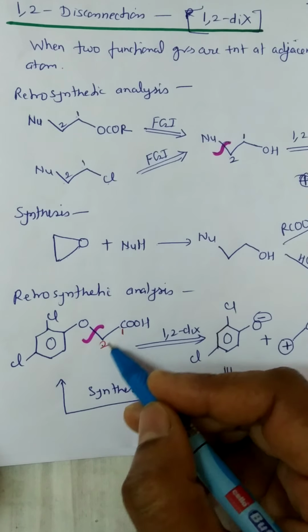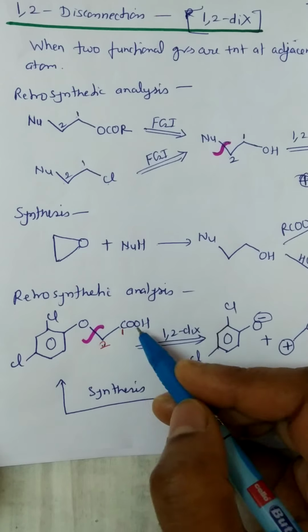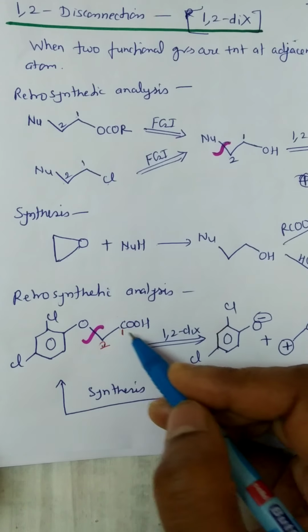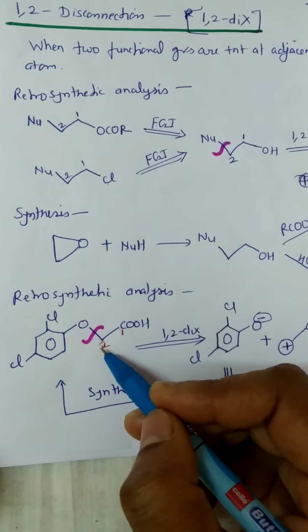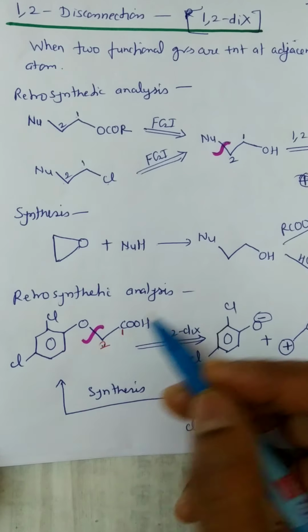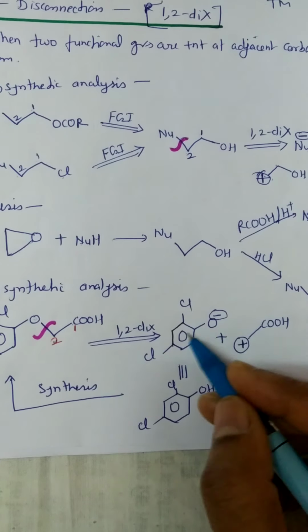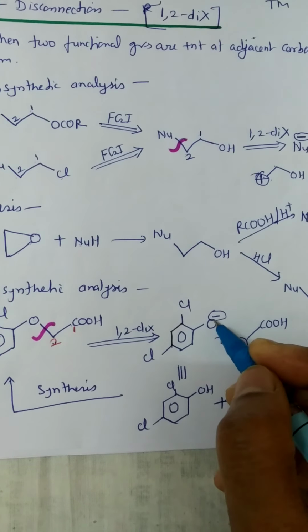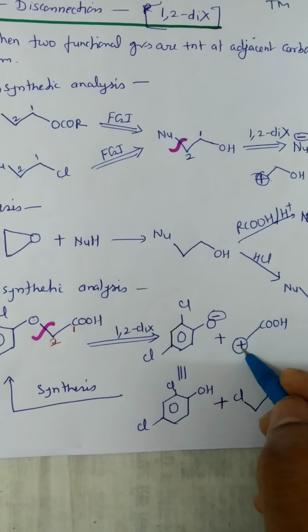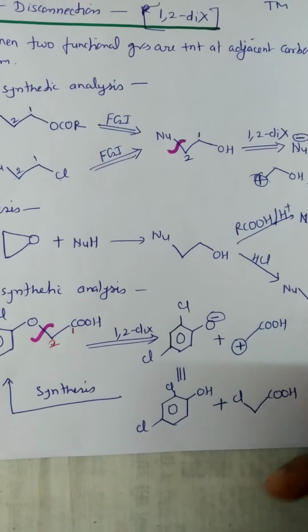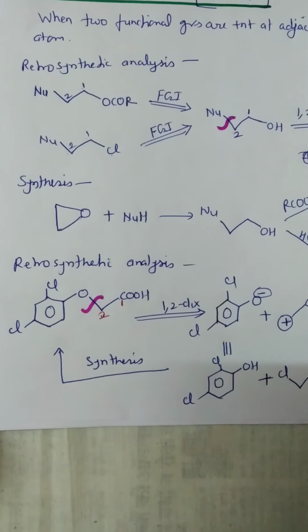Here, this is 1, this is 2, and these are the two functional groups. Therefore, we say here 1,2 disconnection, and we disconnect after 2. We write here 1,2 diex, and the two synthons obtained here are O minus and CH2 plus COOH.